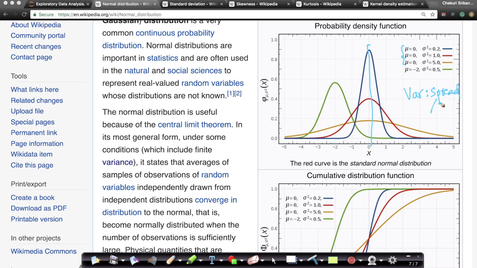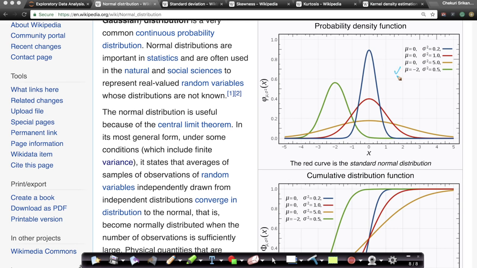It's also called a scale in probability and statistics. If my variance is small, then my probability density function, my PDF, is going to be peaked and thin like this. As my variance increases, my PDF is going to get fatter and fatter and shorter. So that's what happens if your variance changes.